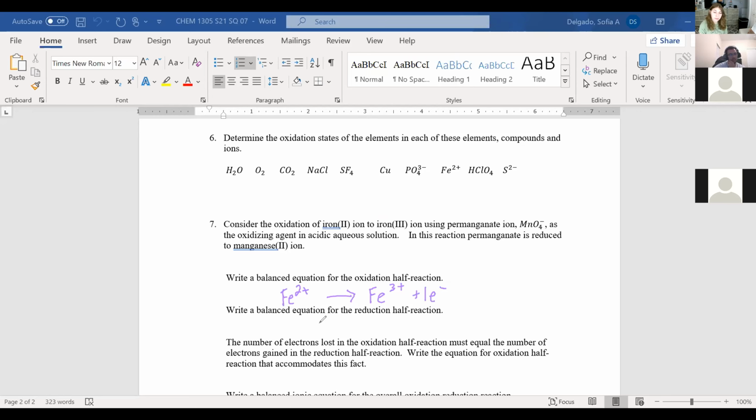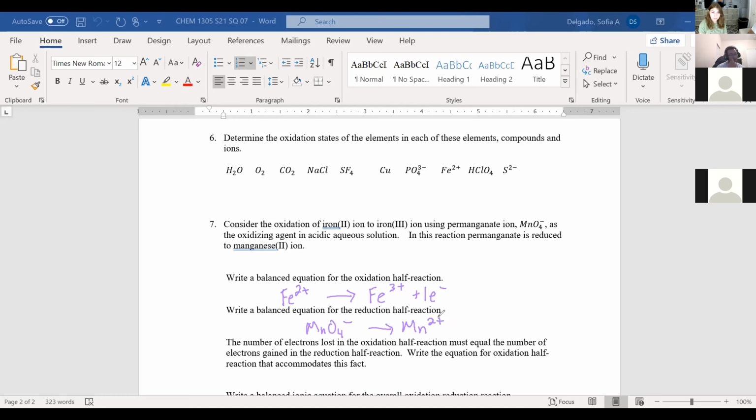Okay, well, the other thing that I wrote is, I think that I'm right, the permanganate ion. And then it will give us the manganese 2 plus.